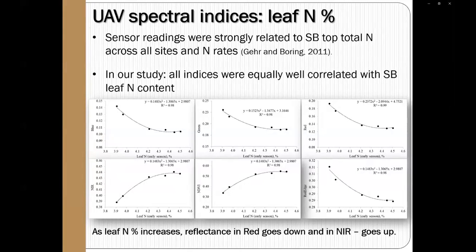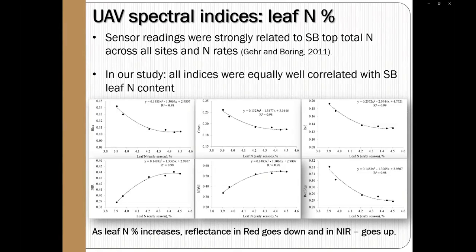For the UAV spectral indices and the sugar beet leaf nitrogen content, previous work showed that sensor readings were strongly related to the sugar beet total nitrogen content at all sites and nitrogen rates. In our study, all indices were equally well correlated with sugar beet leaf nitrogen content.